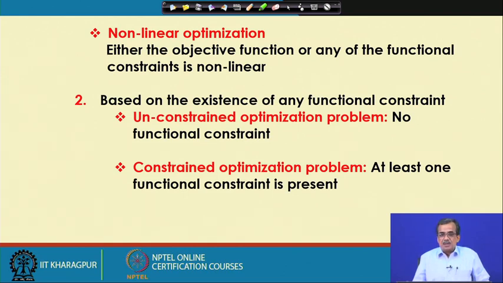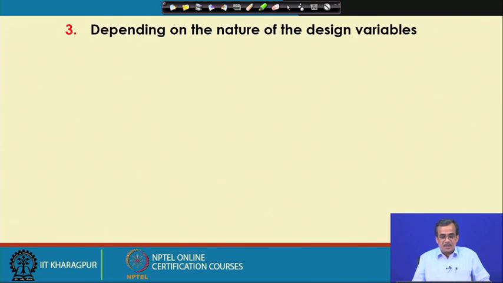And it is very important that this side constraint or the geometric bound has to be there for all optimization problems, otherwise it cannot be defined.